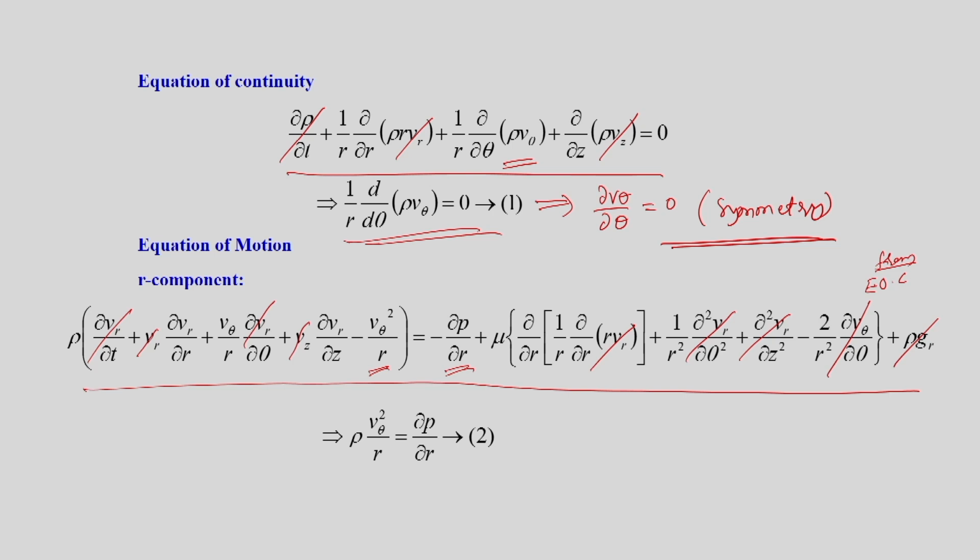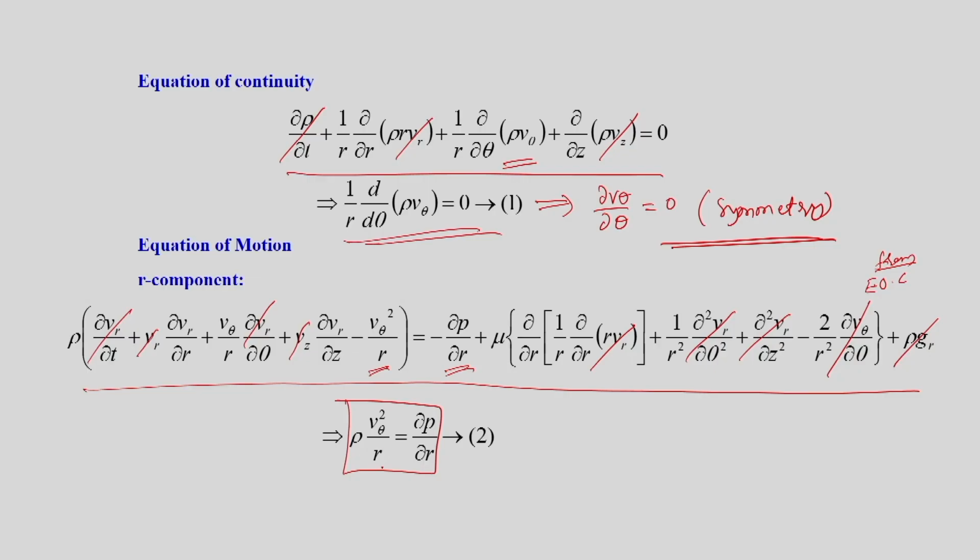So, what we get from here is ρVθ²/r = ∂p/∂r, that is, whatever change in pressure in the radial direction is there is given by ρVθ²/r. We have to find Vθ and substitute it here, then we can find the pressure distribution in the radial direction. That is not required as of now, so we will not simplify it further.